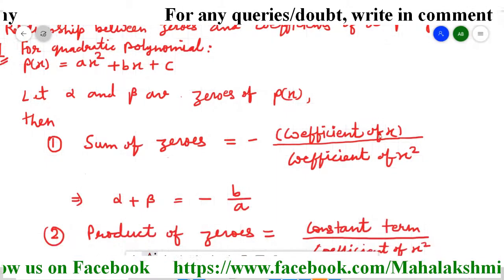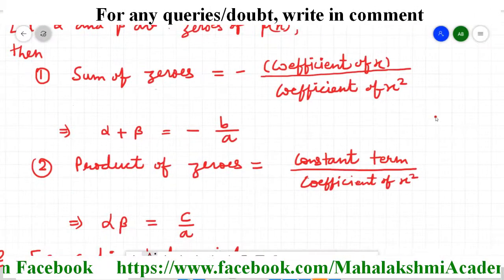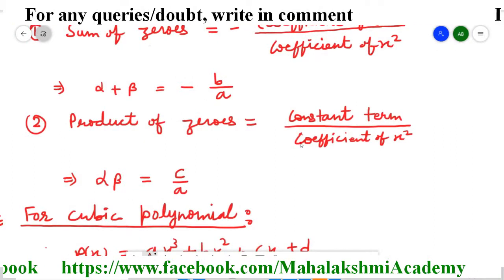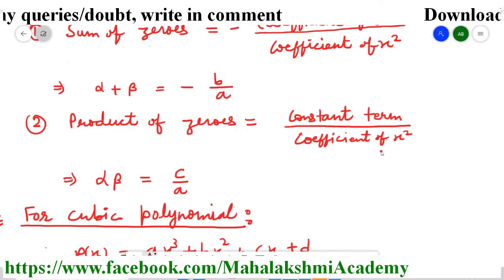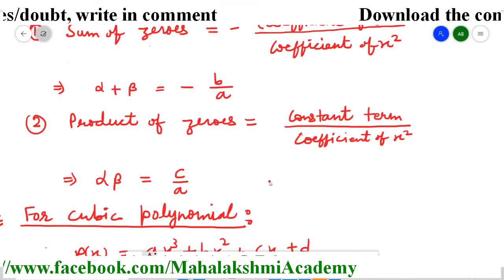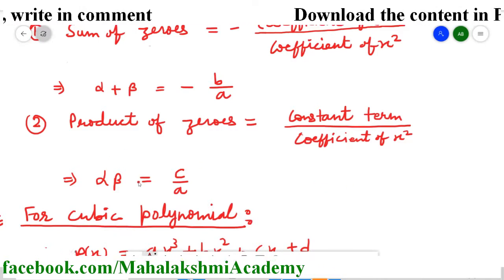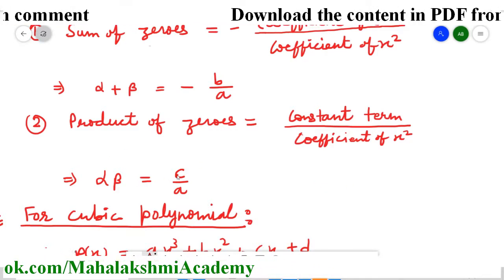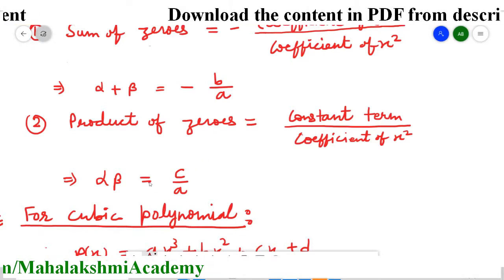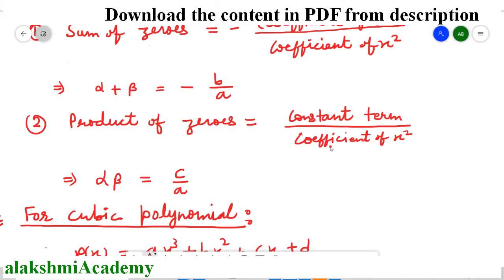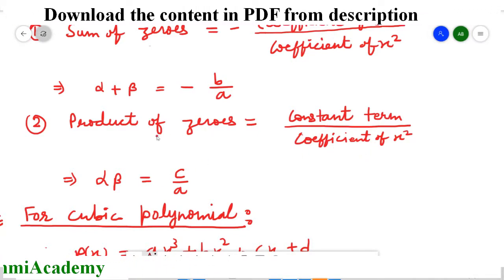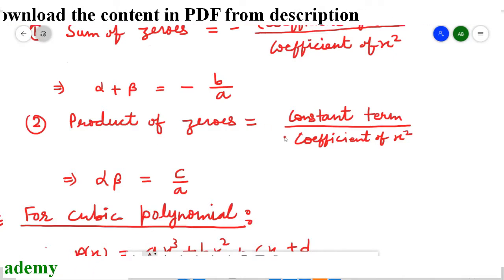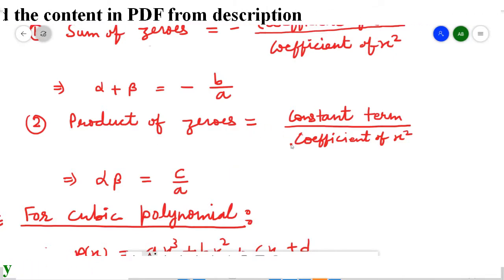Instead of constant term, we write c, and the coefficient of x squared is a. So the second relationship of the quadratic polynomial is product of zeros is equal to constant term upon coefficient of x squared. You must learn this second line and this formula.